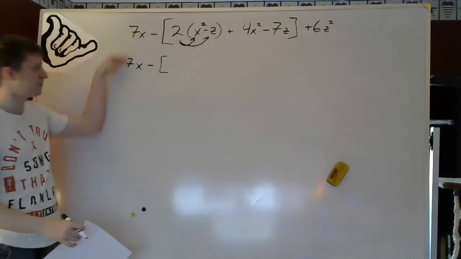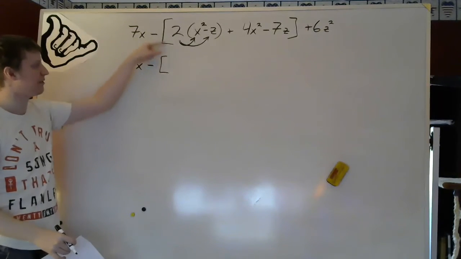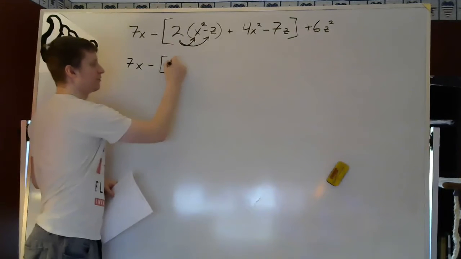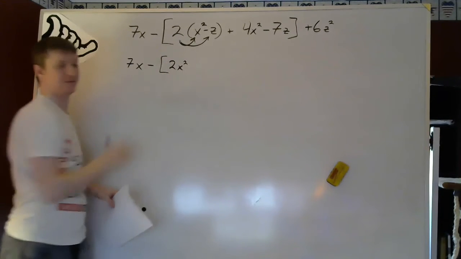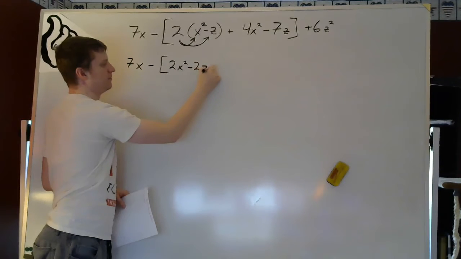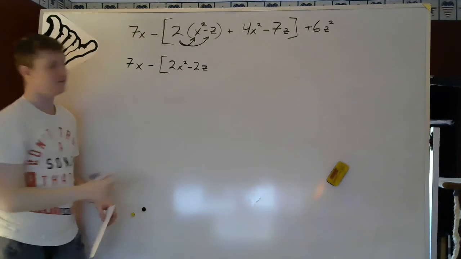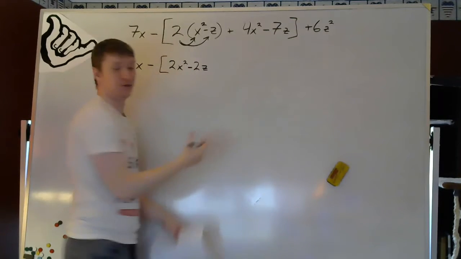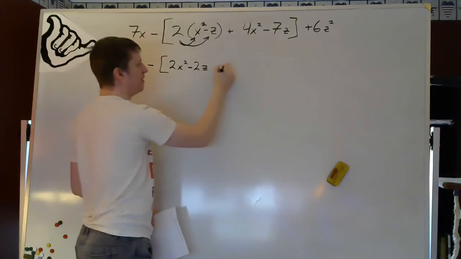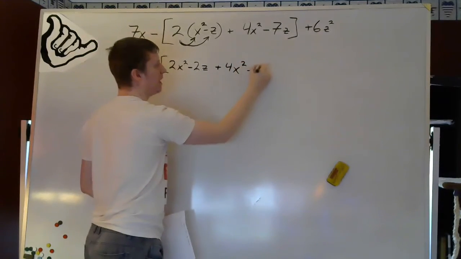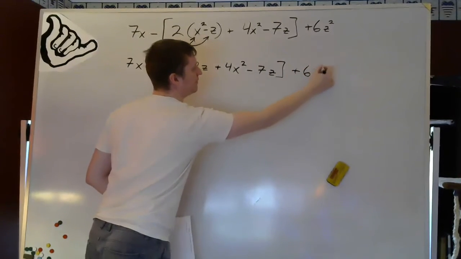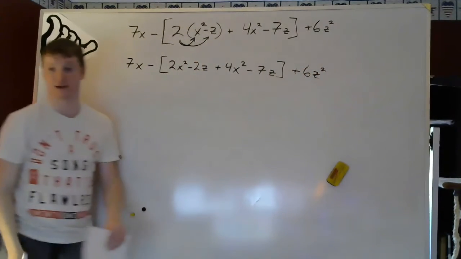So the 7x is coming down, the minus sign's coming down, the brackets are even coming down. 2 times x squared is 2x squared. 2 times negative z is negative 2z. And then all this other stuff, I didn't do anything with it, so just keep it coming down. Just write it down below. Plus 4x squared minus 7z, close out the brackets, plus 6z squared. Didn't change anything at all there.